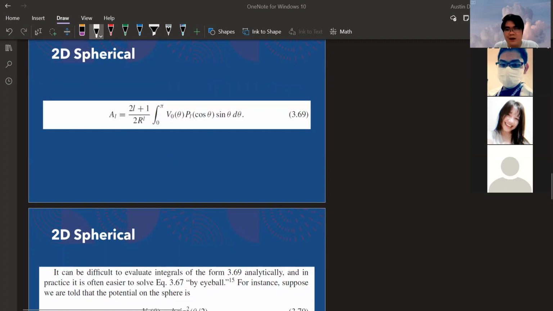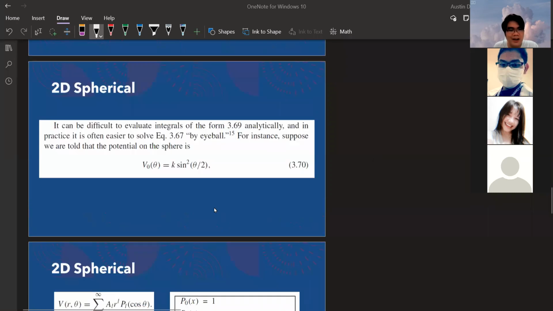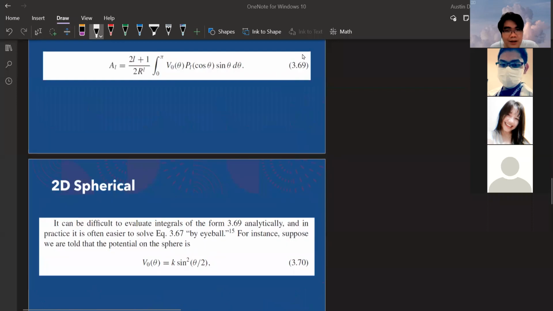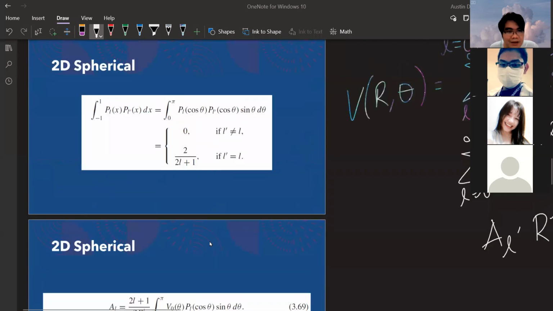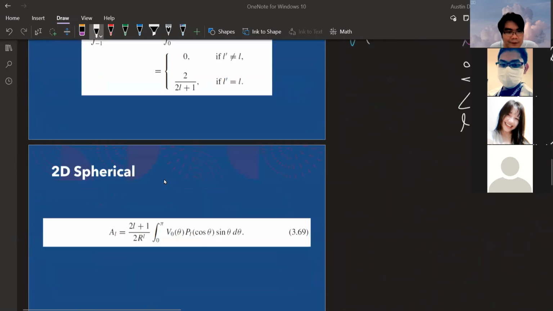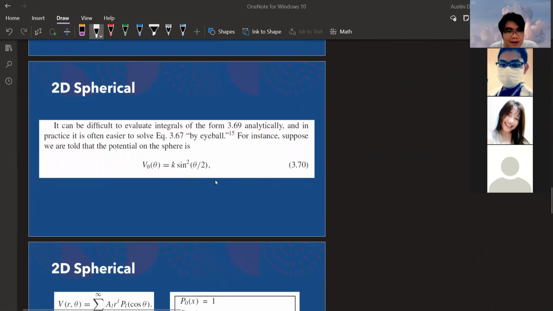Ibang eyeball to. Baka kung ano yung isip yung eyeball. And sabi ni Griffiths, eyeball. Sabi niya, it can be difficult to evaluate integrals of the form 3.69, this guy. So, analytically and in practice, it is often easier to solve equation 3.67 by eyeball. So, 3.67 is yung potential mo.